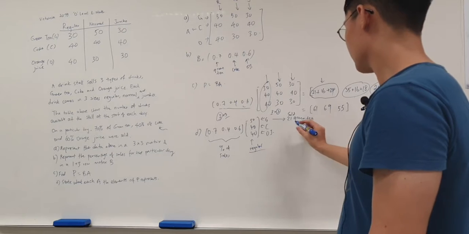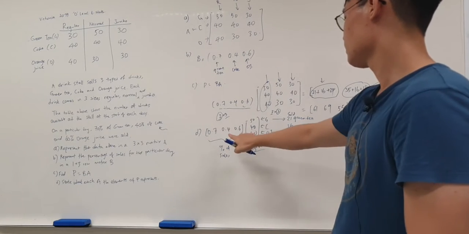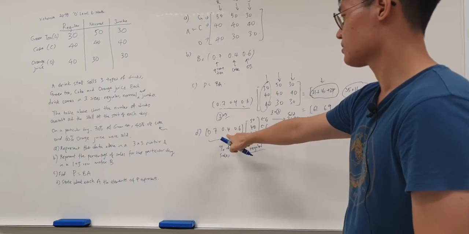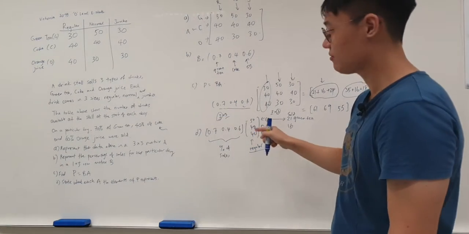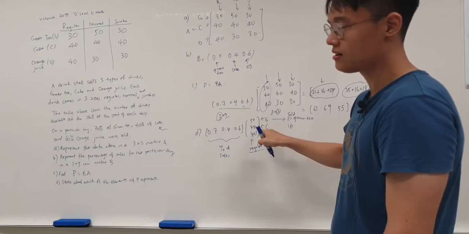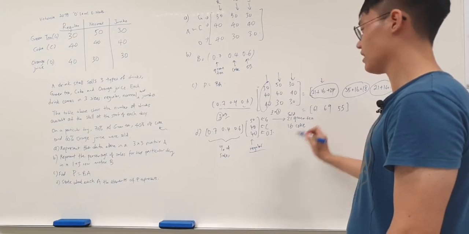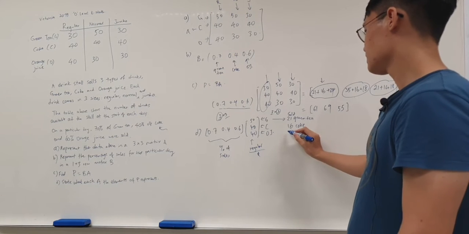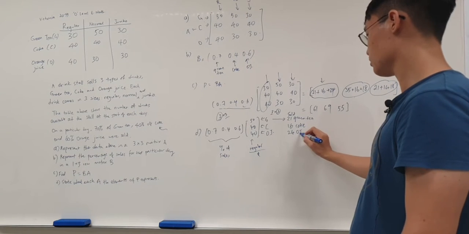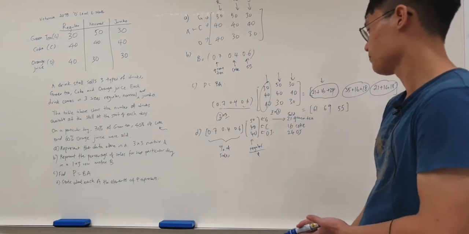Regular size. 0.4 times 40 is 16. So this 16 comes from the 40% Coke times the amount you have in the start. So you have sold 16 Coke of regular size. And 0.6 times 40 is 24 orange juice at regular size as well.